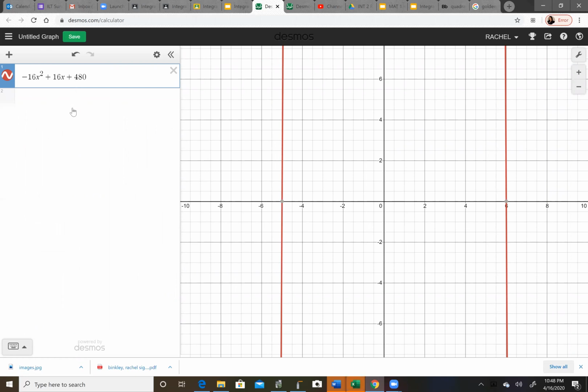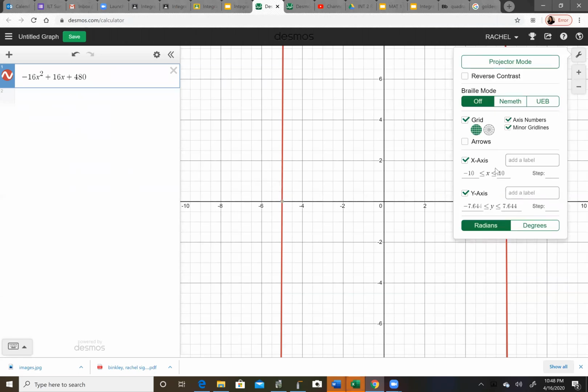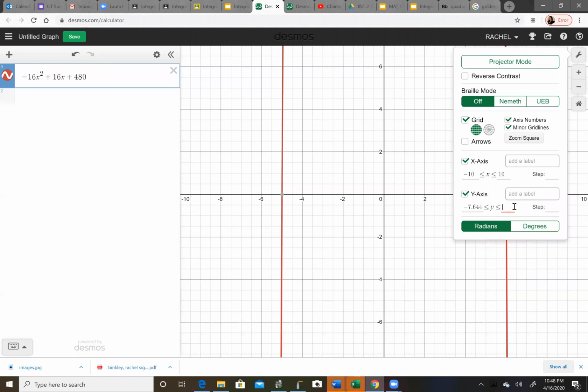Now, the problem with this graph is that our x is okay because I can see both of my x-intercepts, but it needs to be way taller. So if I go up here and I press this wrench, and I go down to where it says y-axis, he starts at 480 feet, so this needs to be over 500.